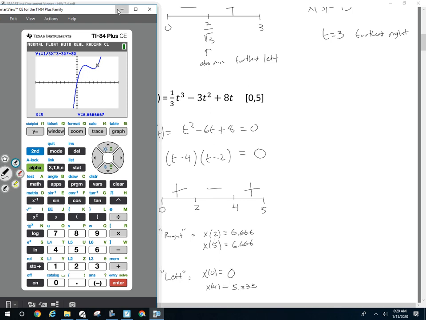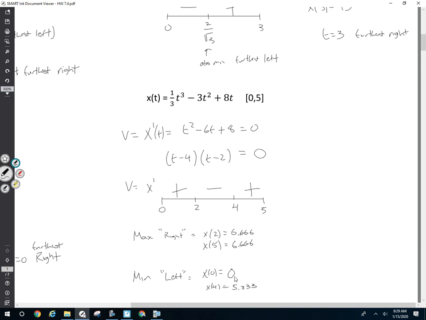Okay, notice that these values are less than the values that we know they're below. Like I know 0 is going to be less than 2. I know 2 will be greater than 4 because I'm decreasing from 2 to 4. So by comparison of all of these, we could see that at t equals 0, this is our min, or this is when we're furthest left.